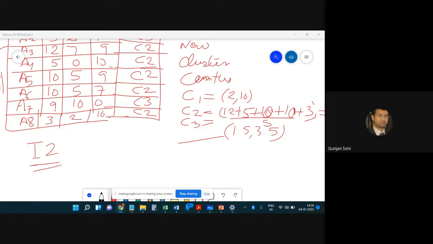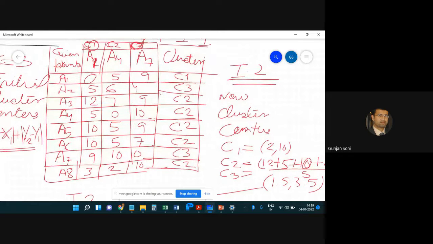Sir, I did not understand how C2 and C3 were calculated. Take C3. I mean, C2 I've already told: average the first coordinate and average the second coordinate. Just look at this table over here.